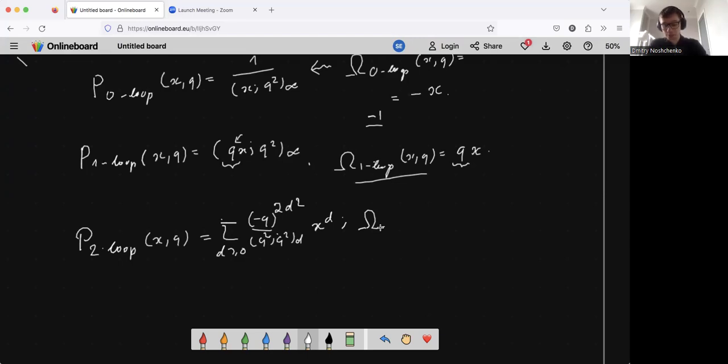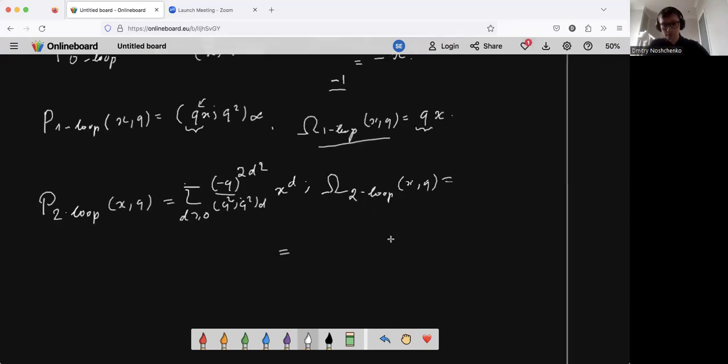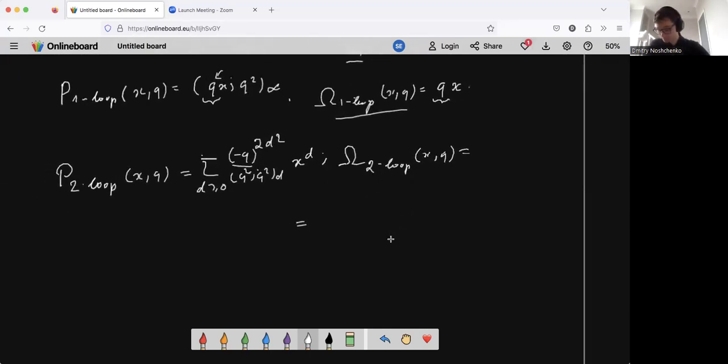So I will not go very much into these computational details, but let me just give you some feeling of how it looks. So I will just write a few terms of this generating function, for two loops.